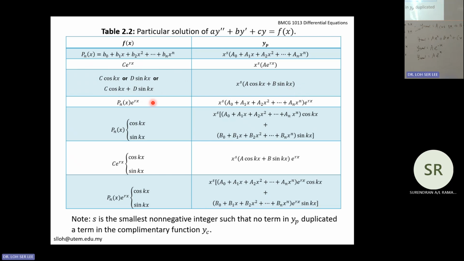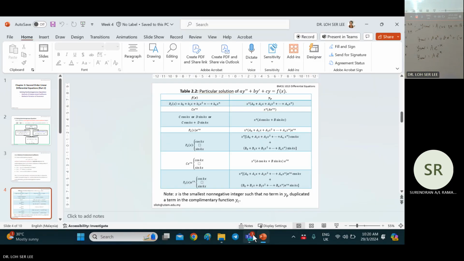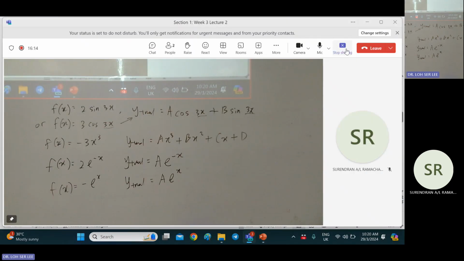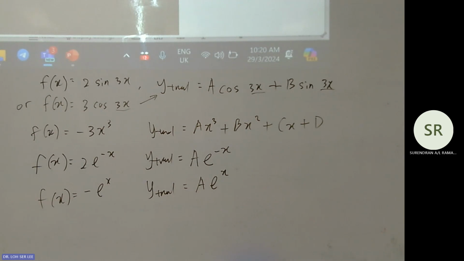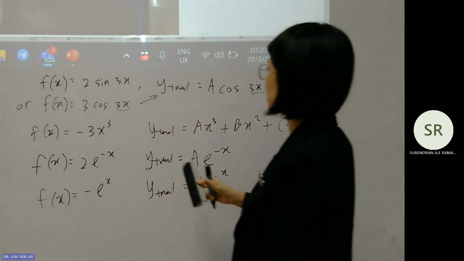So if you have a product function, this one, polynomial with exponential, it means that you will come up with the general form of the polynomial function, which is this one, and then just multiply the exponential function, just multiply an extra e. If you know how to read this table, I think you know how to come up with the rest of the y trial.